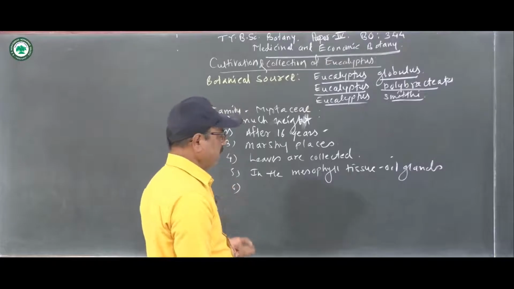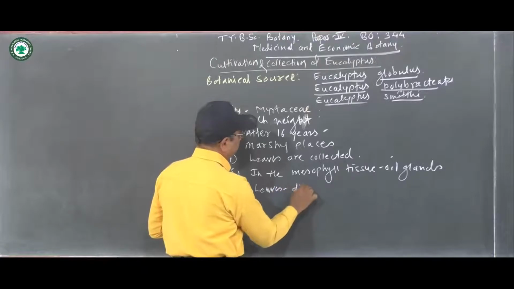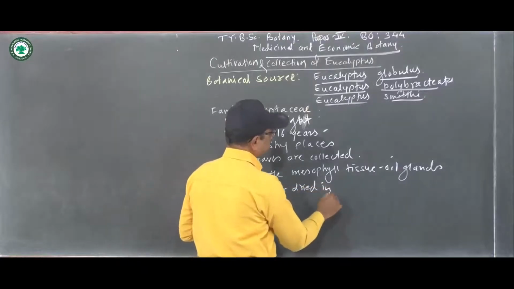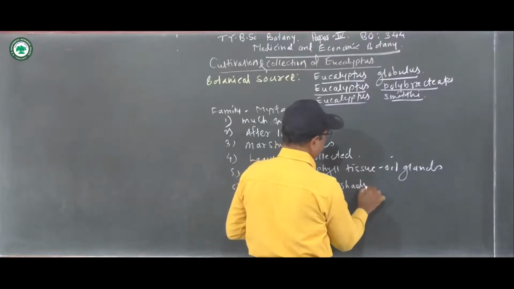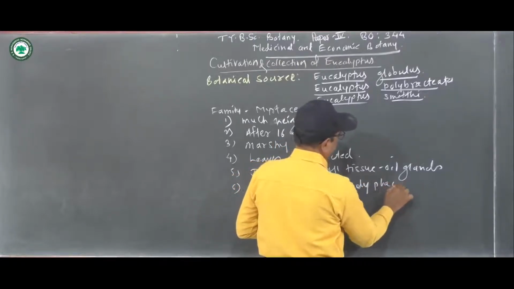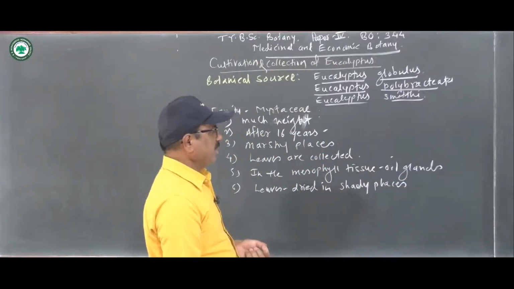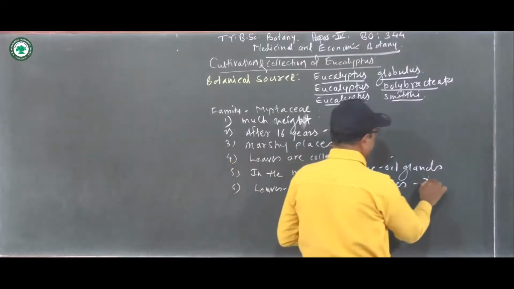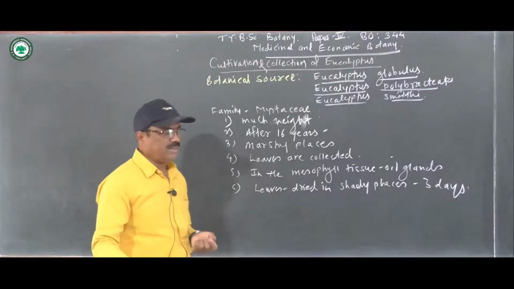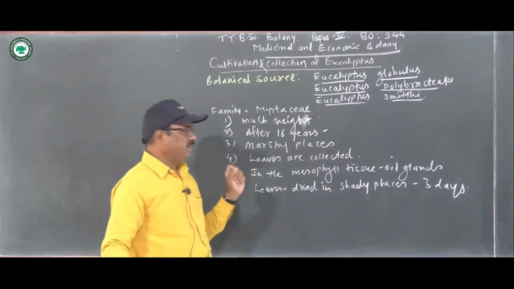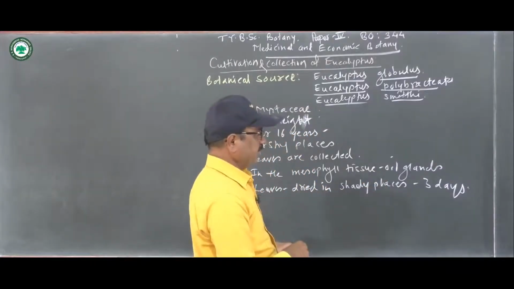Then these leaves are collected, and then the leaves are dried in shady places. So it is air dried in shady places for about 3 days.